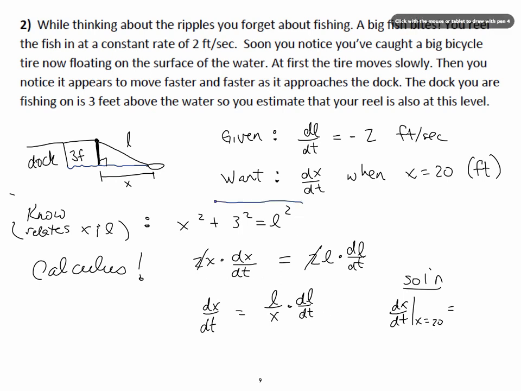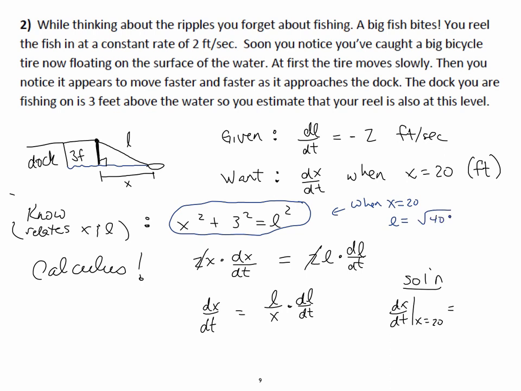I can come back and use this guy, right? So if x is 20, when x is 20, what is L? Square root of 409, right? Technically, you get plus or minus when you solve that equation algebraically, right?